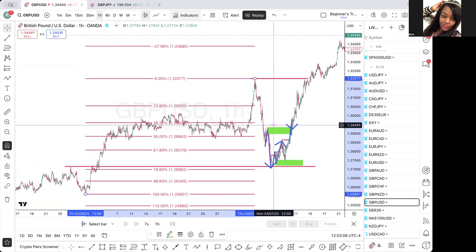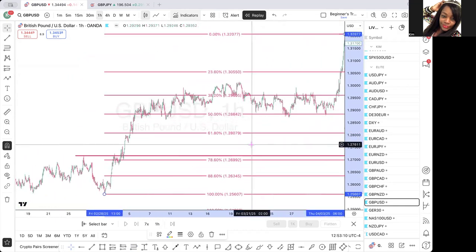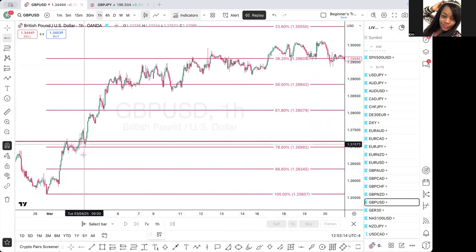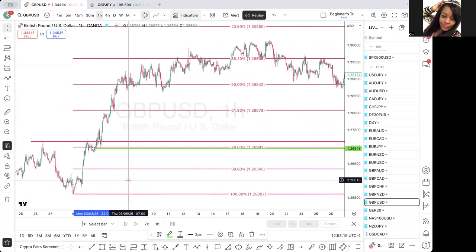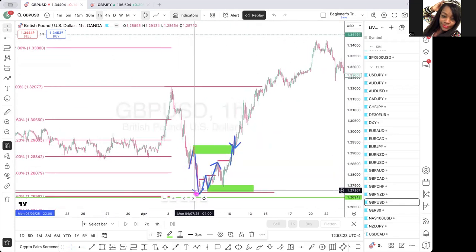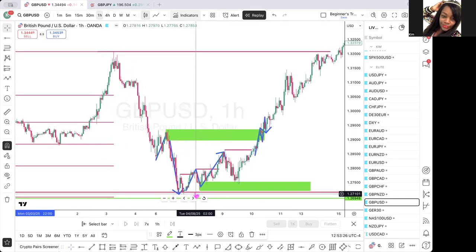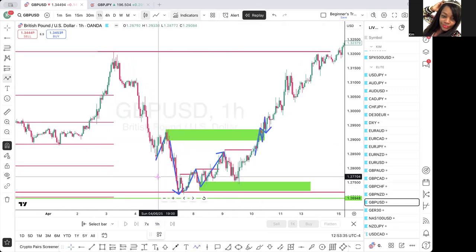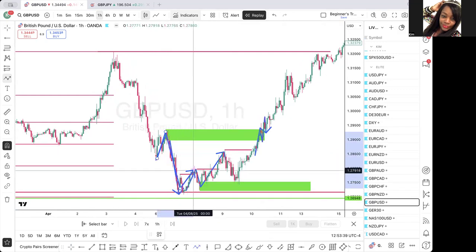Now, I would have been looking for price to come to this demand zone here. But price came there and then started shifting in structure right here. This was the one. So this is what I would have thought: okay, price is going to come here, I see that there's a shift.